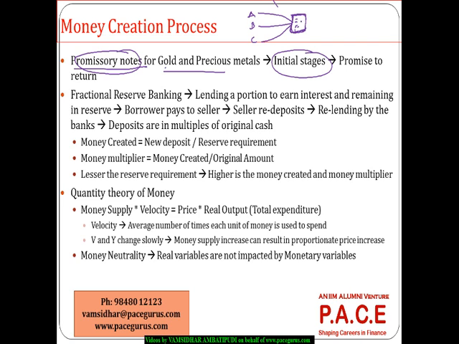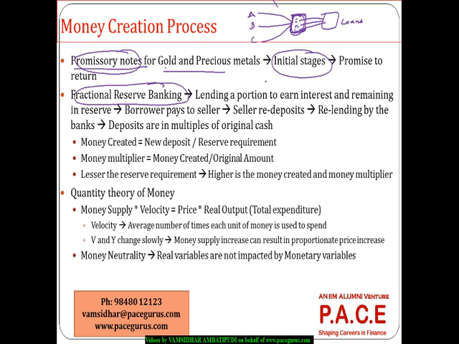Which means the bank has this excess amount of gold, which it thought it can start lending out, at least some portion of it, and create interest out of it. That is what gave rise to the fractional reserve banking system, which is heavily observed in today's world.